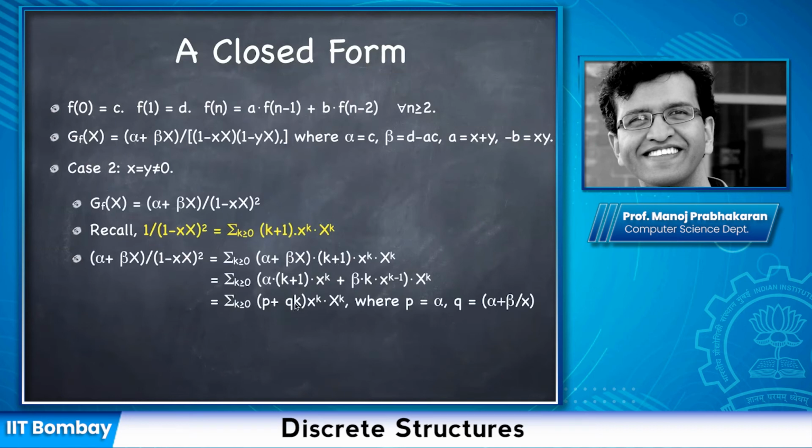So you collect all the terms that involve that k, and there will be a term from alpha, there will be a term from beta, and that will be of the form alpha plus beta over x. So I'll leave it to you to verify this. But again, this is exactly the same expression we used and proved inductively. But now we have arrived at it using the extended binomial theorem and the generating function.